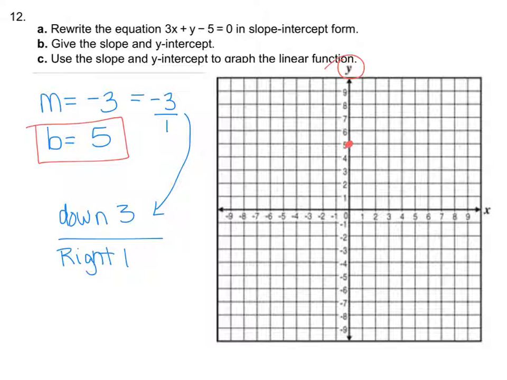So from your y-intercept, you're going to go down 3, 1, 2, 3, and to the right 1. So my new point is at 1, 2. Once you have 2 points on your line, you can connect the dots and draw your graph.